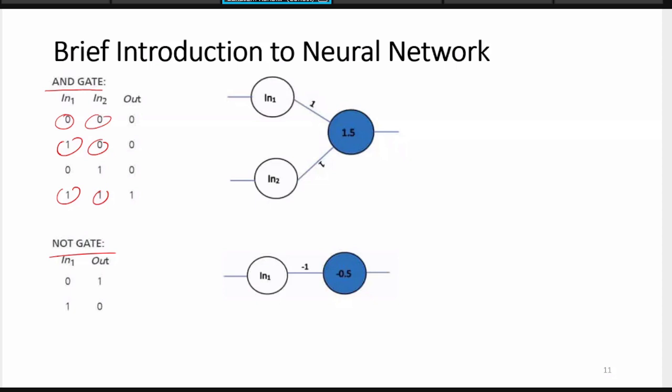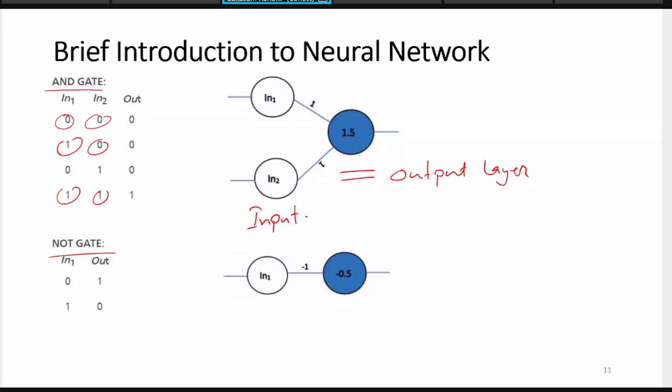But if you see this neural network, there are two things I want to bring to your notice. One is that this blue node is the output layer, and these white nodes are the input layer. So how do you decide the number of nodes in the input layer and in the output layer?